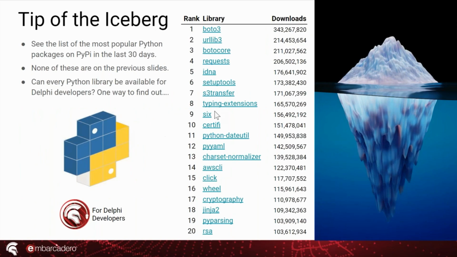And this is what they were. And I don't know what Boto3 is, but there were 343 million downloads of it. So it sounds like it might be kind of cool. We'll have to look at adding that one as well. So there's a lot of potential libraries we could add. Not saying all of these are going to get added at all or even in the near future, but that is a cool idea.